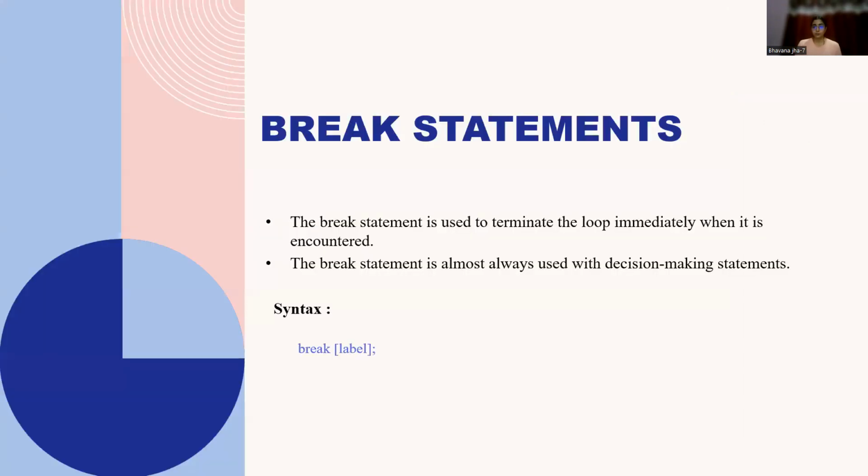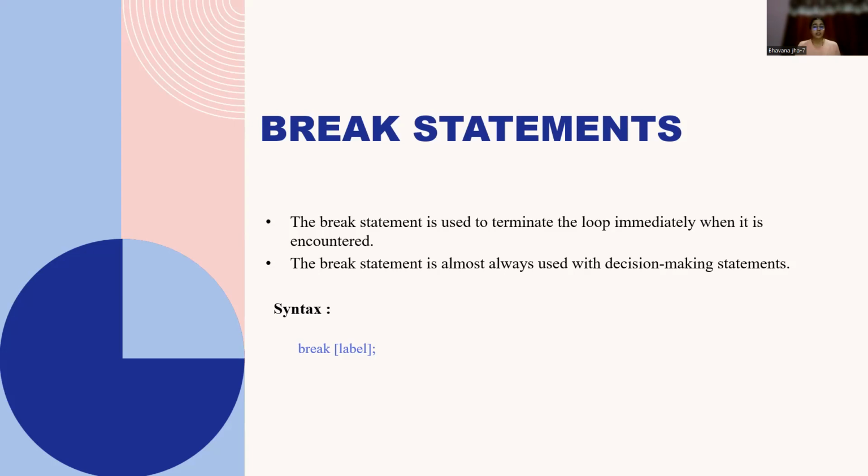So let's move on to the unconditional statements in JavaScript, which are the break statement and the continue statement. The break statement is used to terminate the loop. We terminate the program or the conditional statements whenever we want to. We can terminate the loop entirely by using the break statement. Break and continue statements are both used with decision making statements.